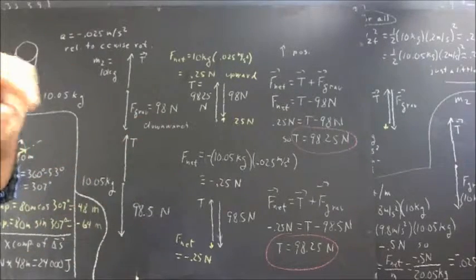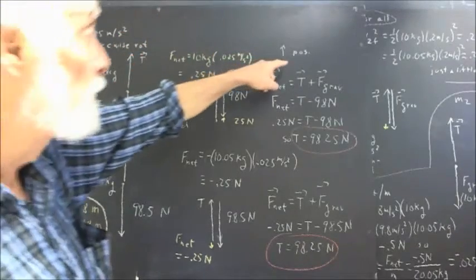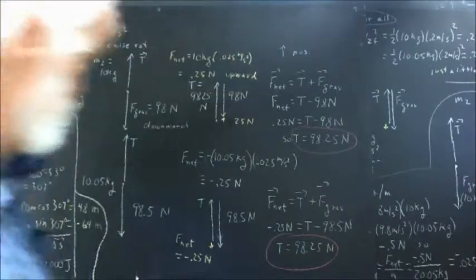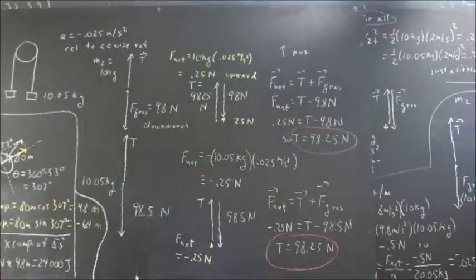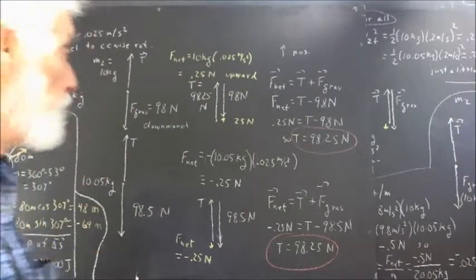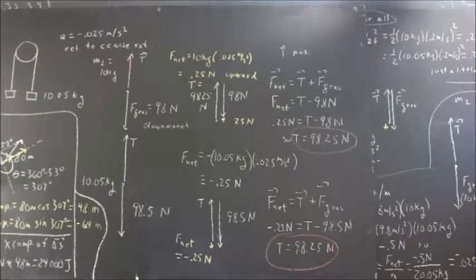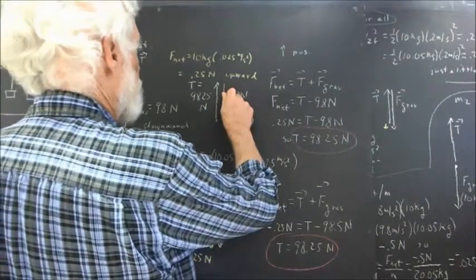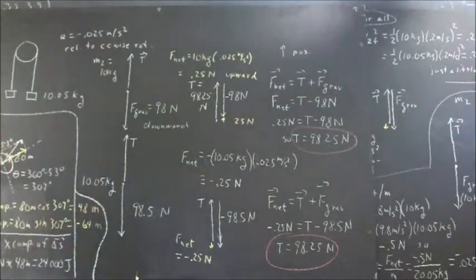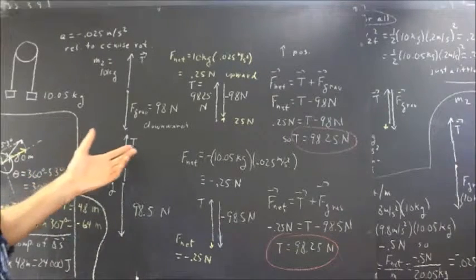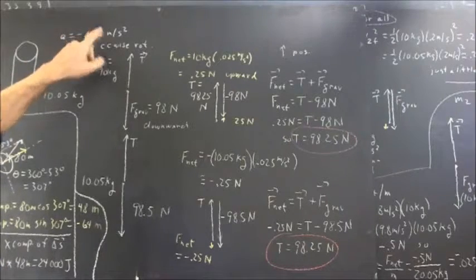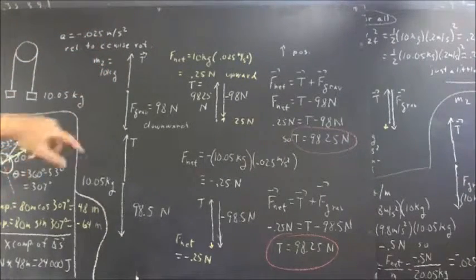I realize I've indicated that upward is going to be the positive direction in this analysis. We can do that as long as we declare it. So upward is now positive, downward is negative. And that means our force here is negative 98 newtons, and the force here is negative 98.5 newtons.